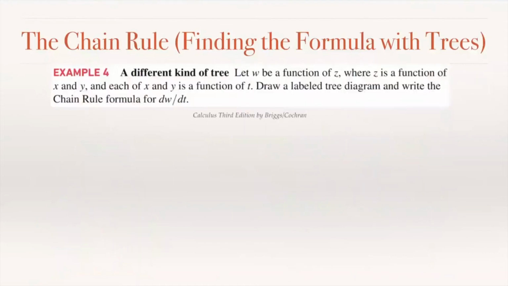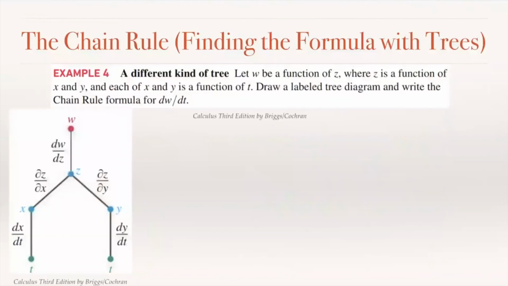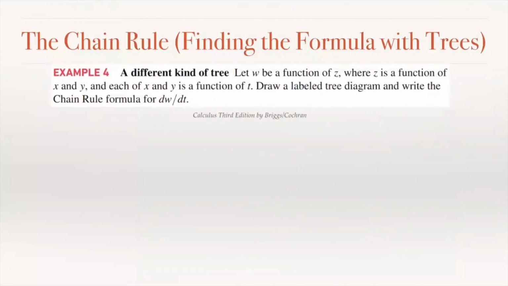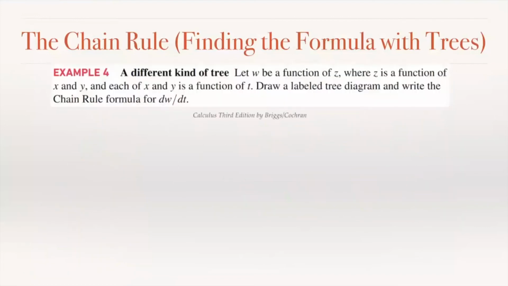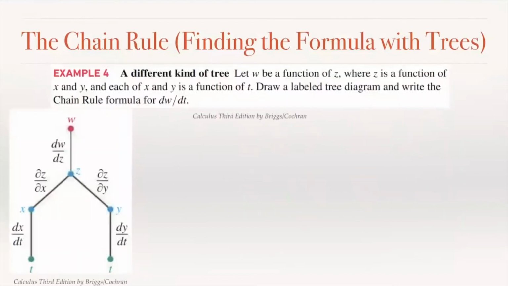Yet another example. W is a function of z, z is a function of x and y, each of which is a function of t. So the tree diagram here looks like this. In this example, I didn't write the labels of what the branches are, but as you know now, each branch component is just the derivative or partial derivative going from that node to that node.